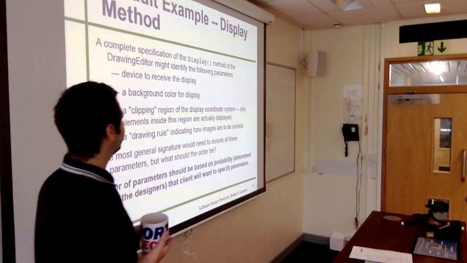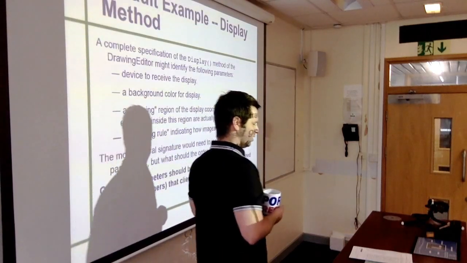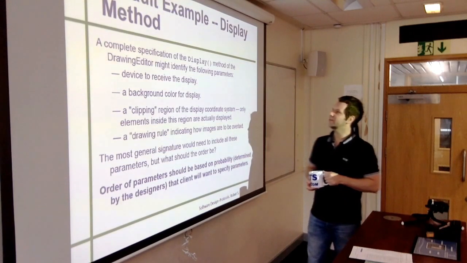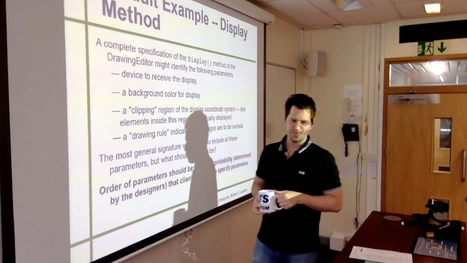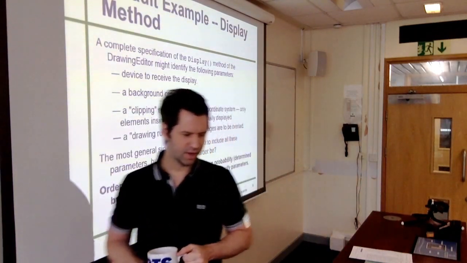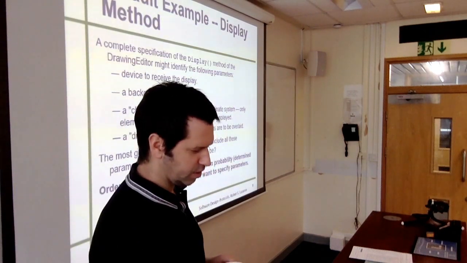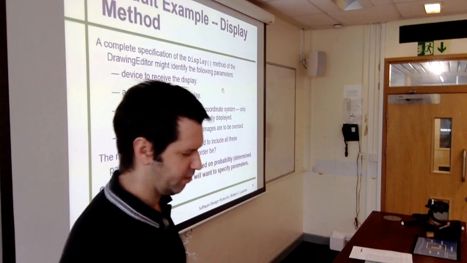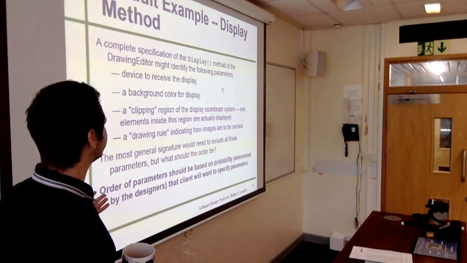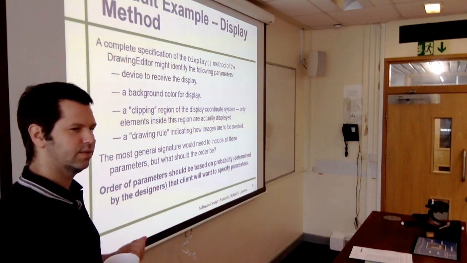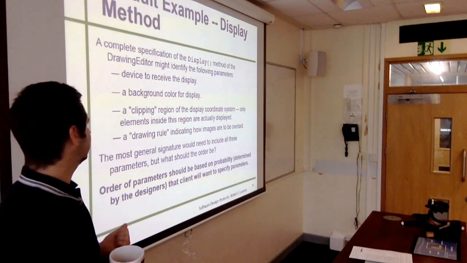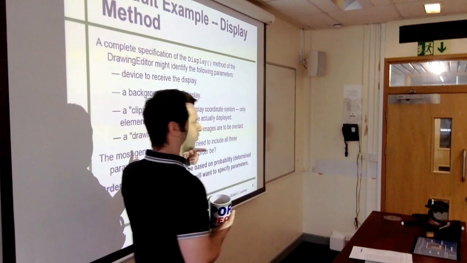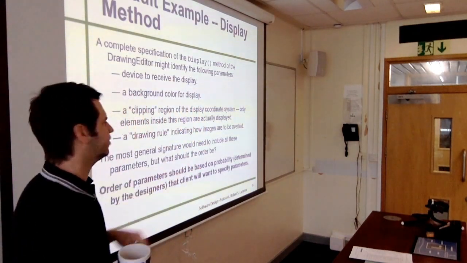If we were going to write, for example, a display method in our drawing editor example, this is what it might look like. A complete specification of the display method for the drawing editor might have some of these parameters. Which device to draw to, because we have multiple screens or multiple devices.